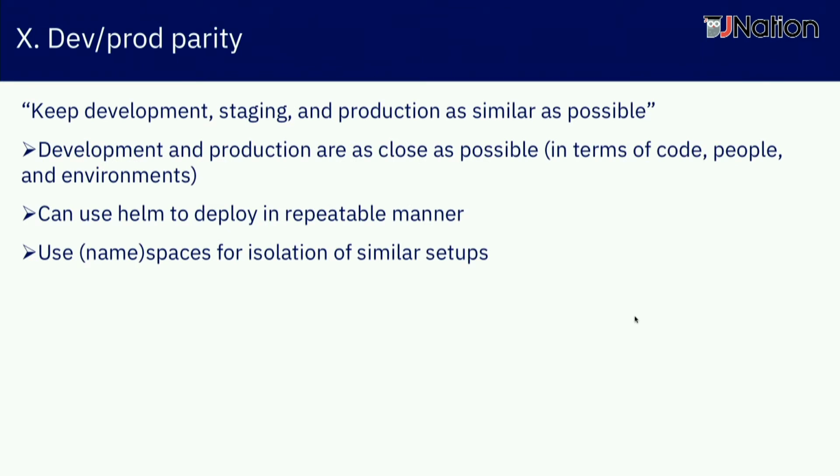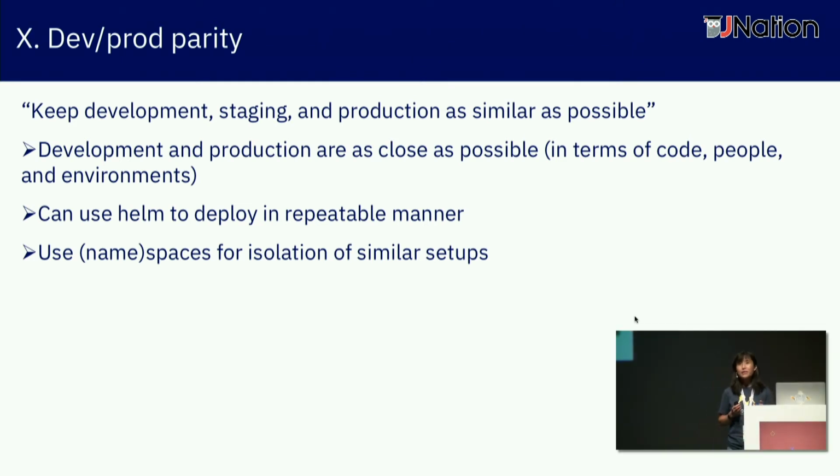The next one is dev/prod parity. Basically, you should make dev and prod as similar as possible. In this way, you can guarantee that if you test in the development environment, it should work exactly the same as in production. The obvious way to solve this is to use Docker.